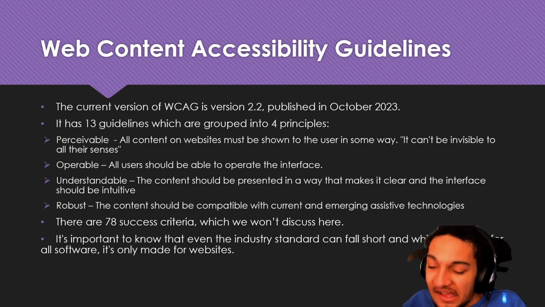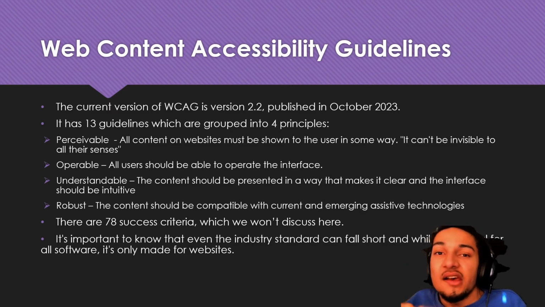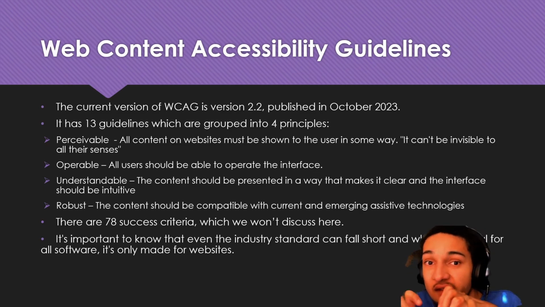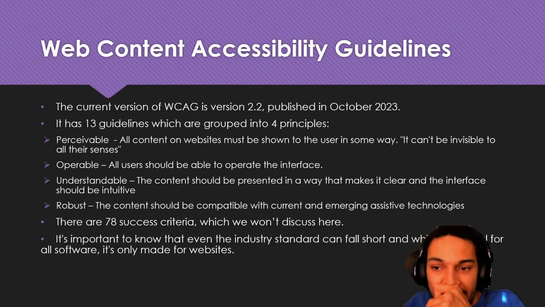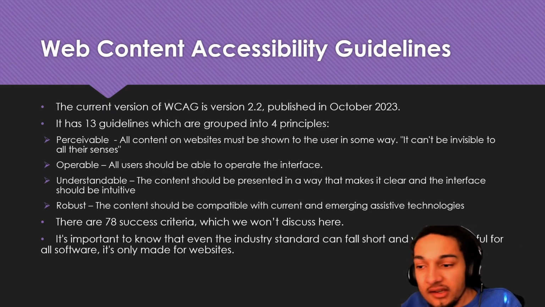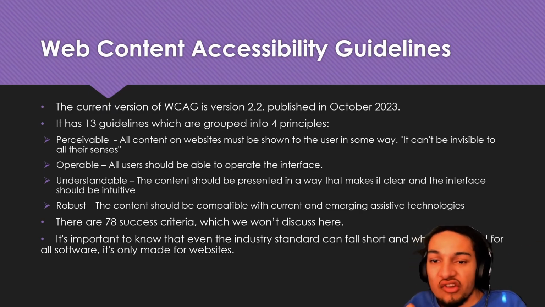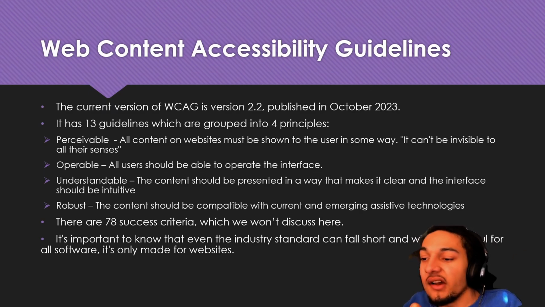And like I said at the beginning, you should know that while this is the current standard, standards can always be improved. Standards do improve. The new version, version 3, should be out next year. And generally it updates every year or so, sometimes with minor changes, sometimes major changes.